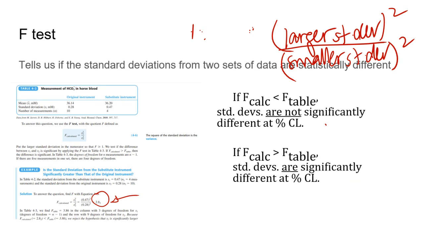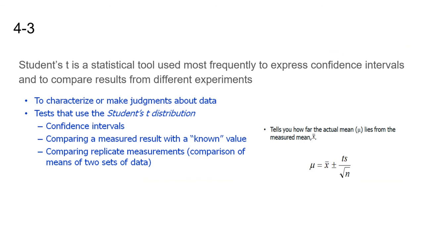And if it's significantly different, that means your calculated one is greater than the F value that you got from your table. So that's one way to know.